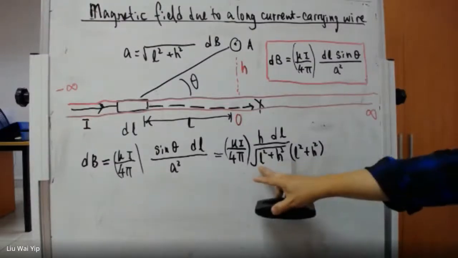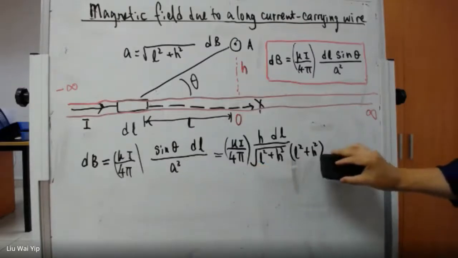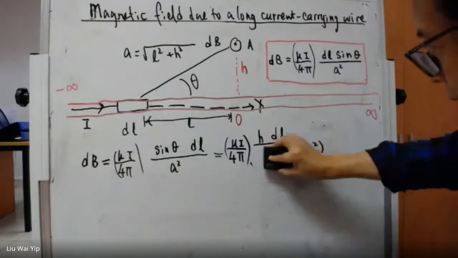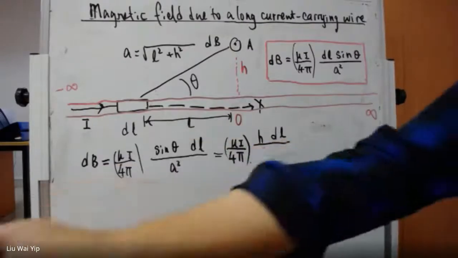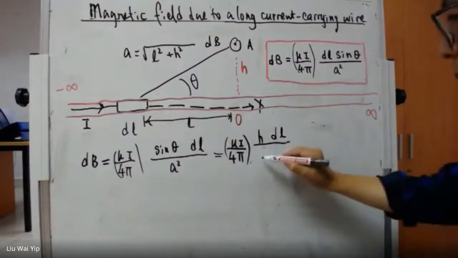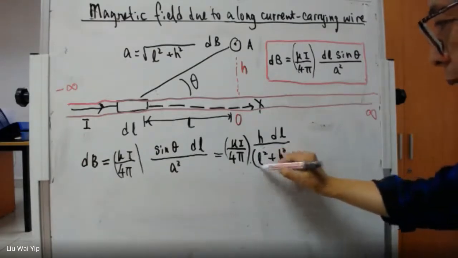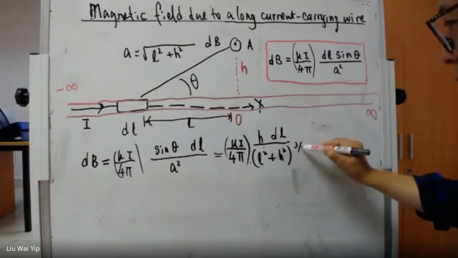But now, can we simplify this expression? I think the answer is yes. What we can do is replace this one with L squared plus h squared to the power of 3 divided by 2.